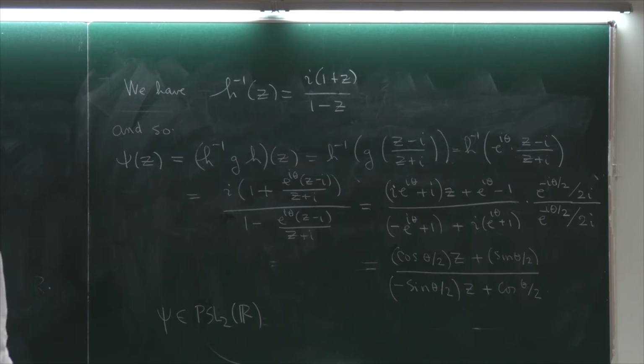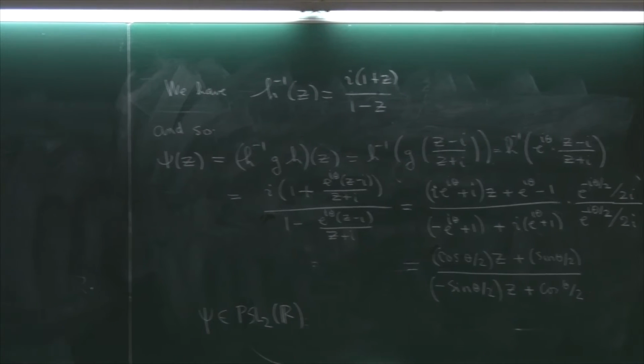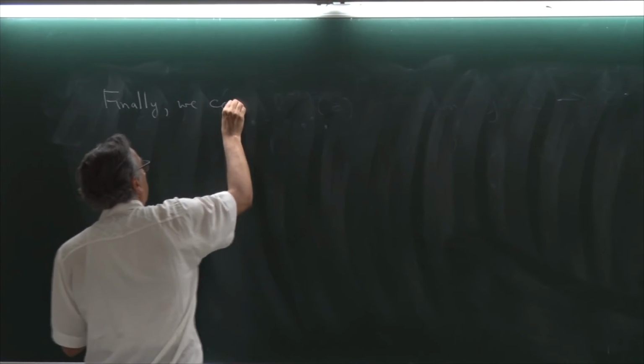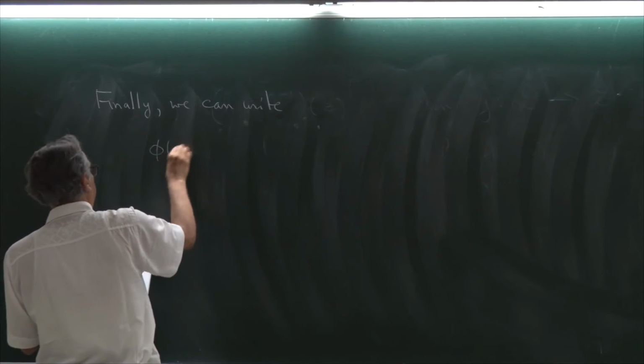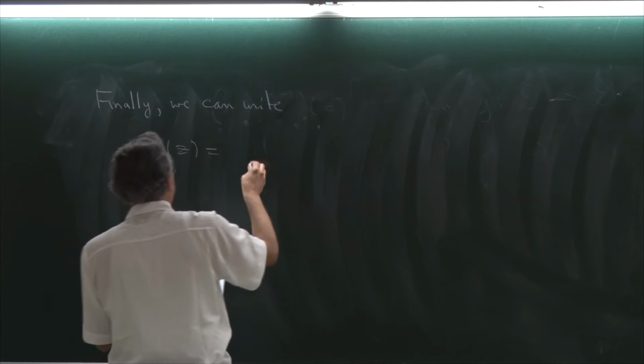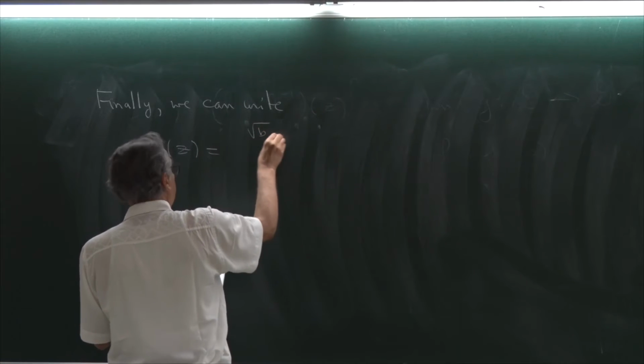So working back to phi, finally, we can write phi of z as root b psi of z.